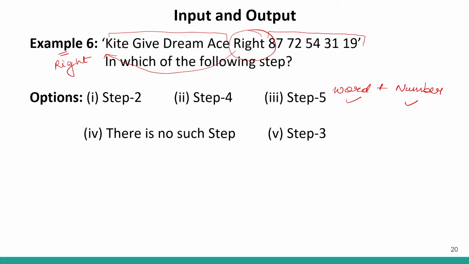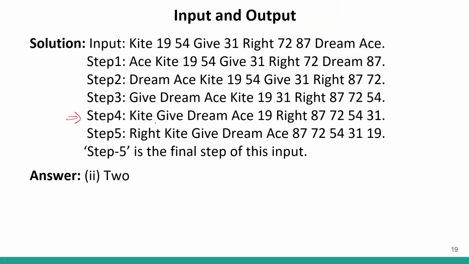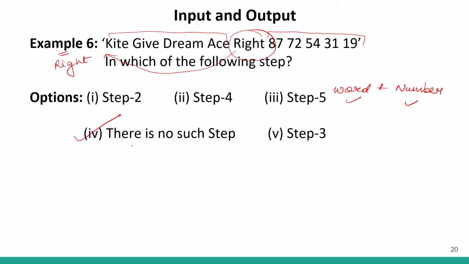We have this step, kite, give, dream, ace, but over here, these 2 elements need to be arranged. There is no such step where all the numbers are arranged but the words are not, because in each step we were taking a word and a number together. So there is no such step in the given input and output. So the answer will be option number 4, that there is no such step.